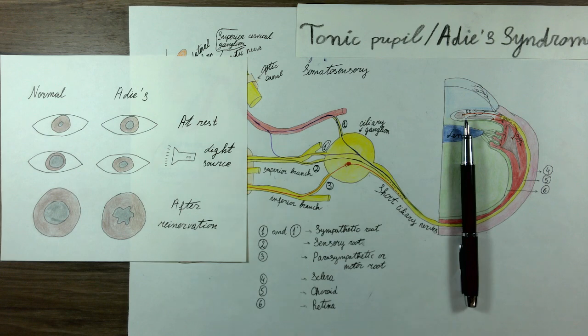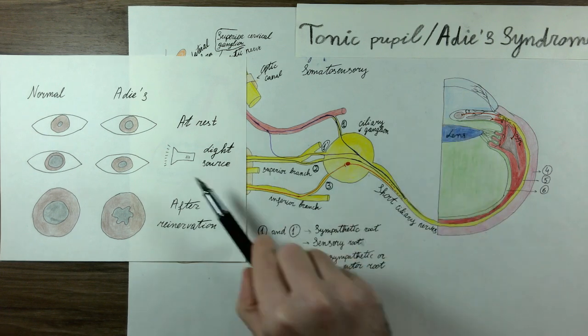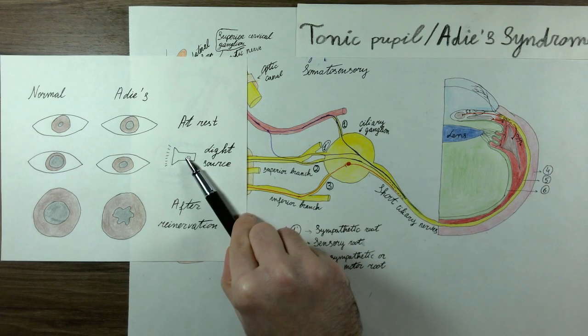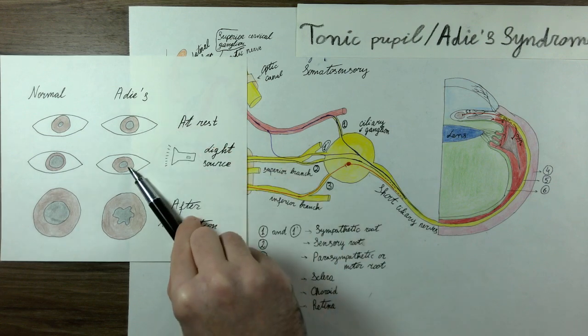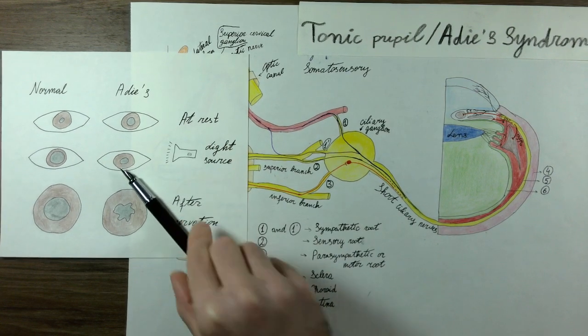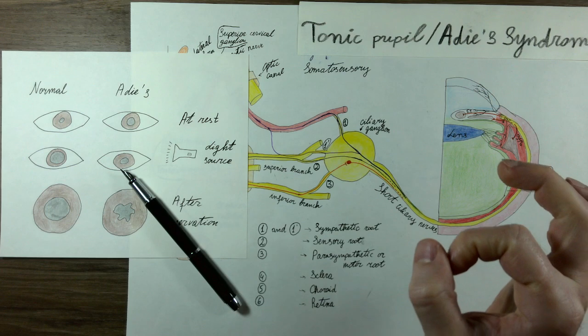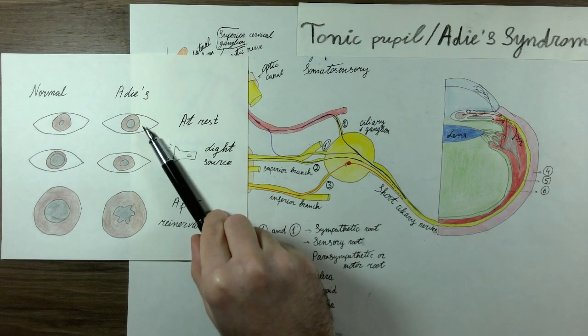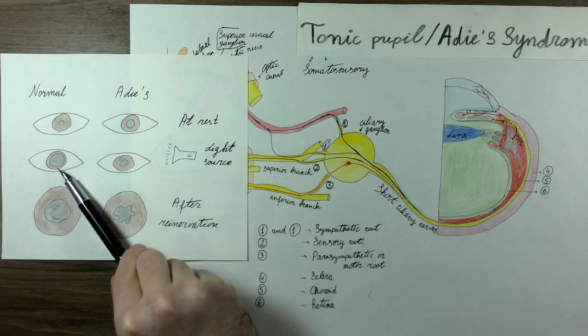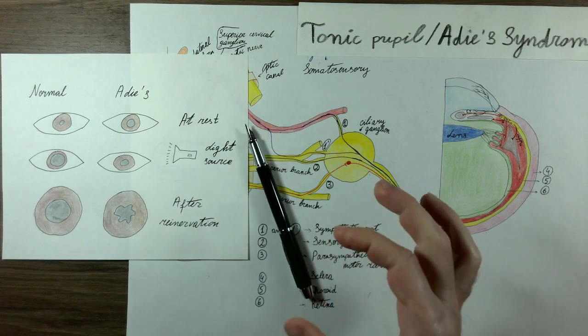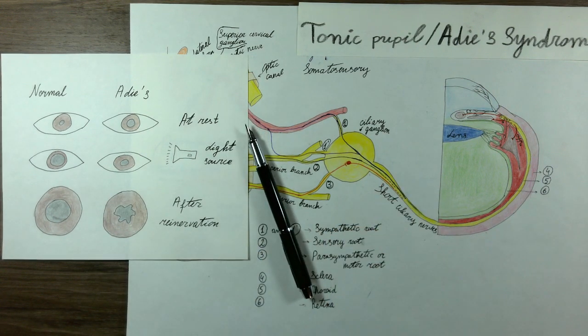So, if this muscle is denervated, when you shine a light in the patient's eye, the pupil would not react and it would remain the same size as it was during the resting point, while the normal person's eye would constrict quite fast.